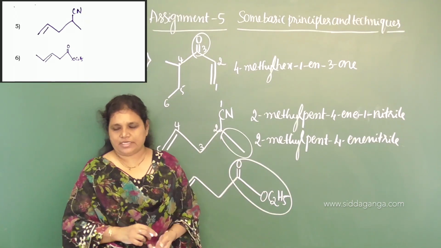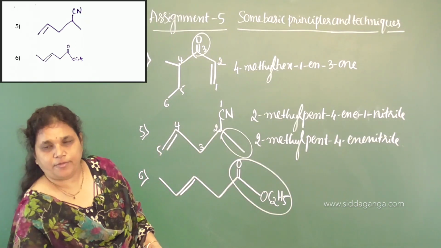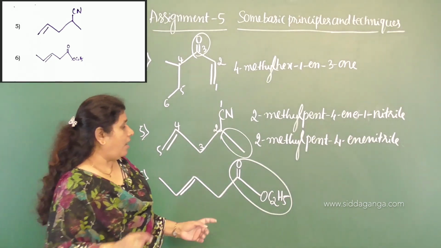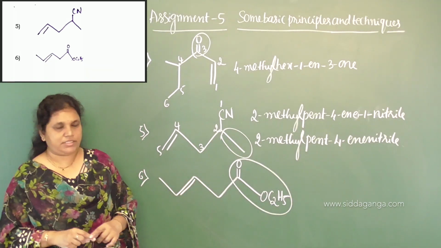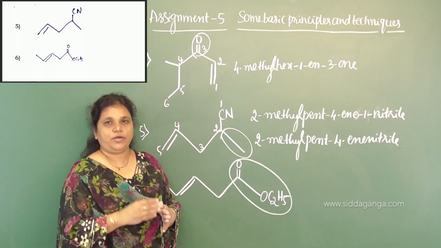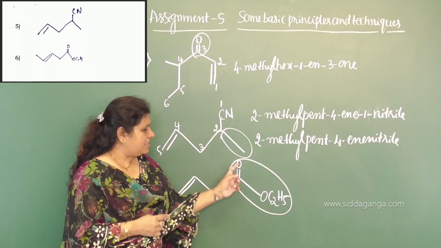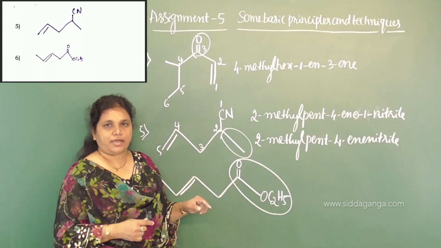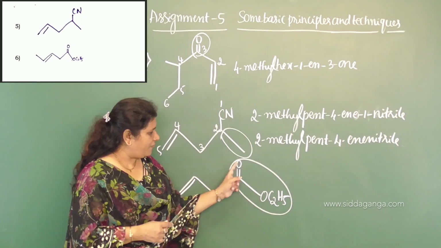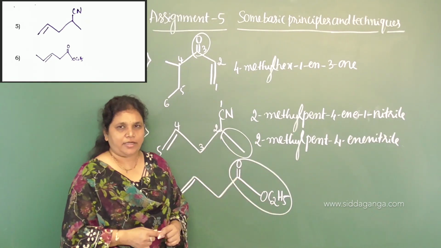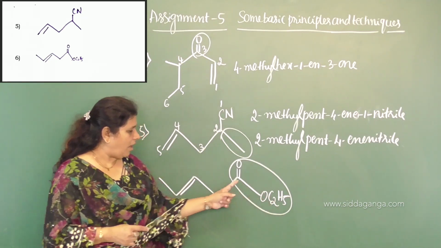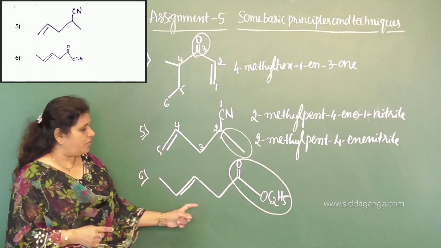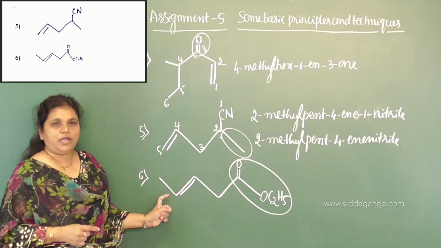So how to name the esters? What is the IUPAC name for the esters? Alkyl alkanoate. The alkyl group is the group which comes after the COO group. So therefore here after the COO group we have an ethyl group. Ethyl alkanoate. We need to name this as alkanoate.